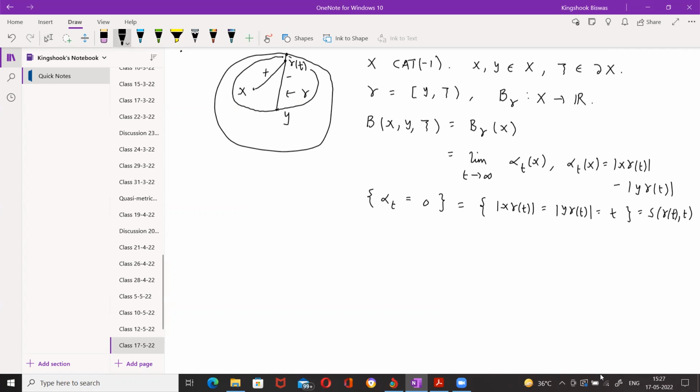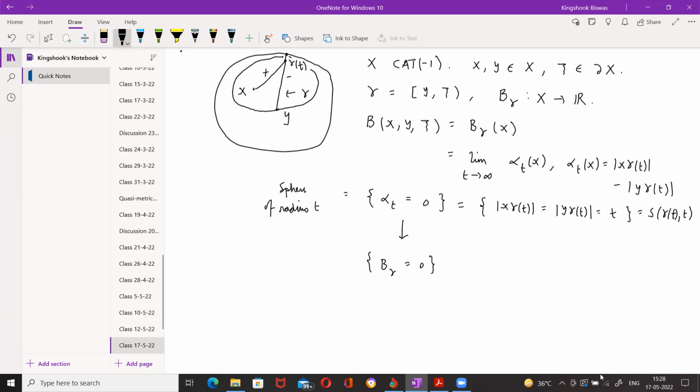Yes. So in the limit, this is a sphere of radius t. What happens in the limit is that these alpha t's converge to this b gamma, so this converges to b gamma equal to 0.